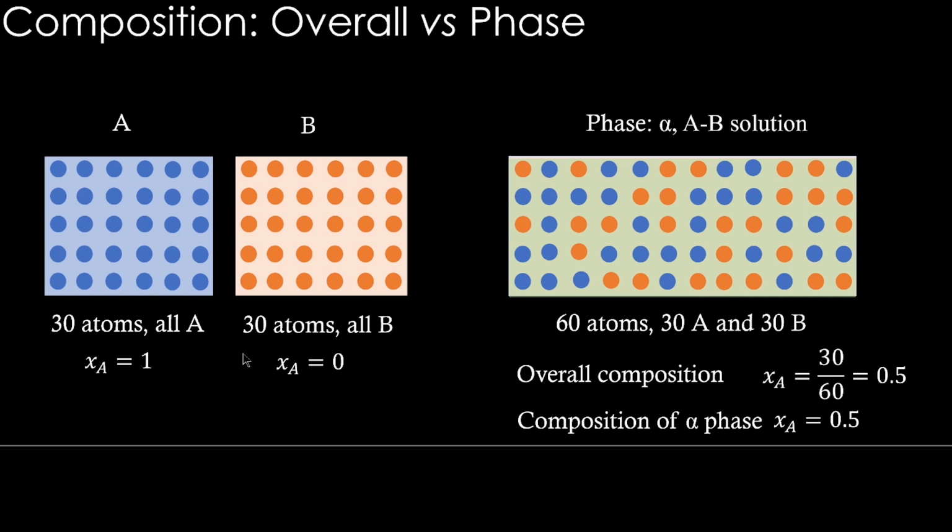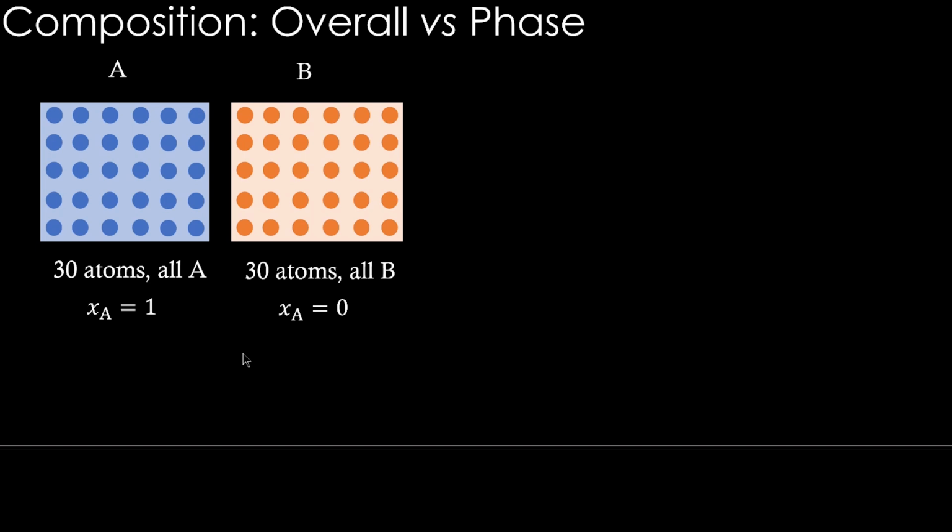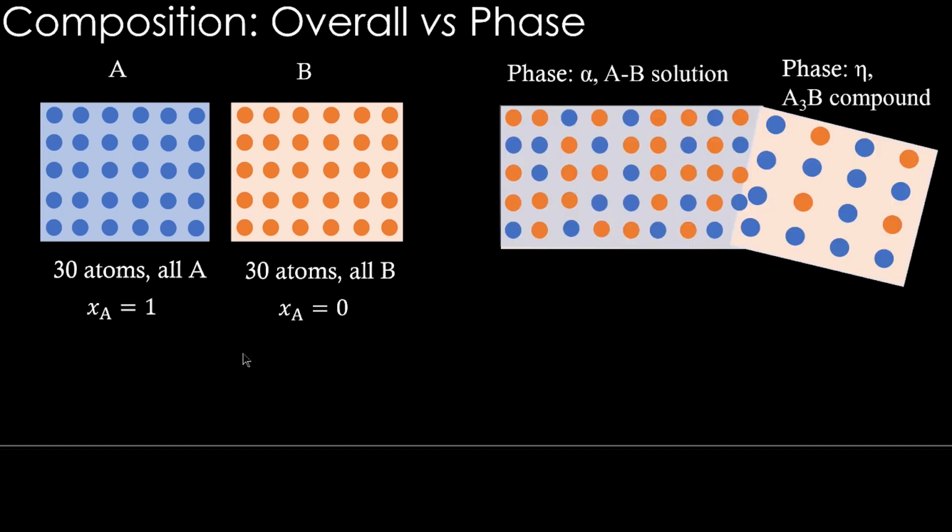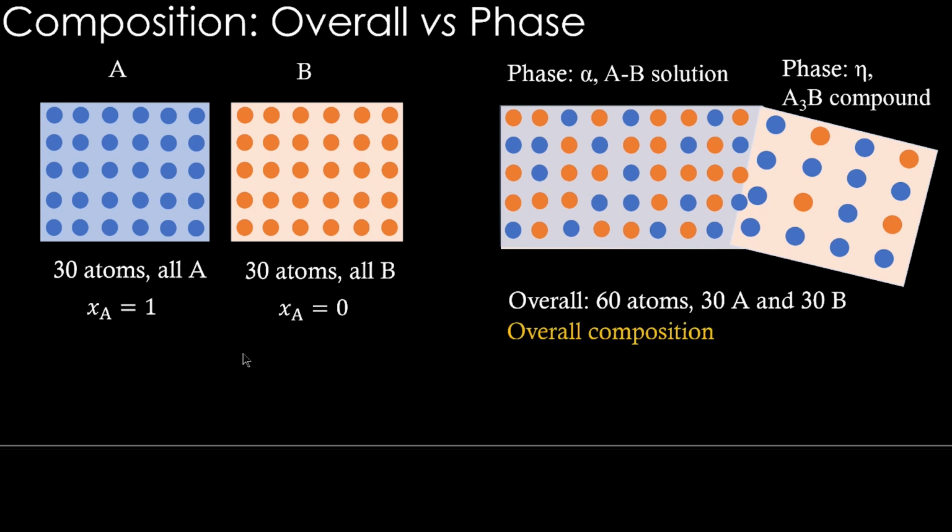Now let's consider a two-phase scenario. A and B together form two phases. One is the solution alpha, the other one is a compound which is eta. It's an A3B kind of compound. Overall, we have 60 atoms, 30 of them are A and 30 are B. Now the overall composition we can calculate as 0.5, but the individual phase compositions are going to be different.